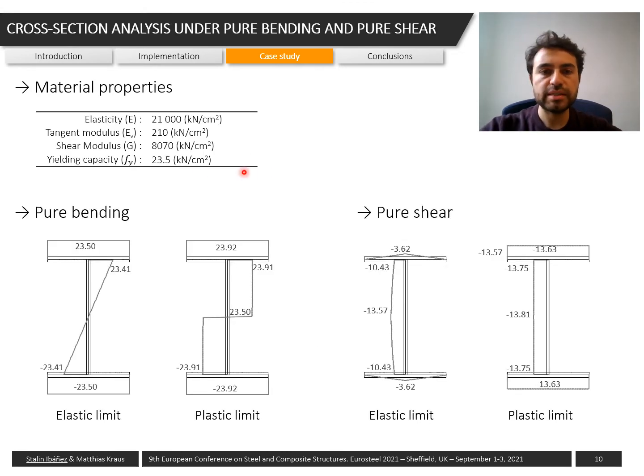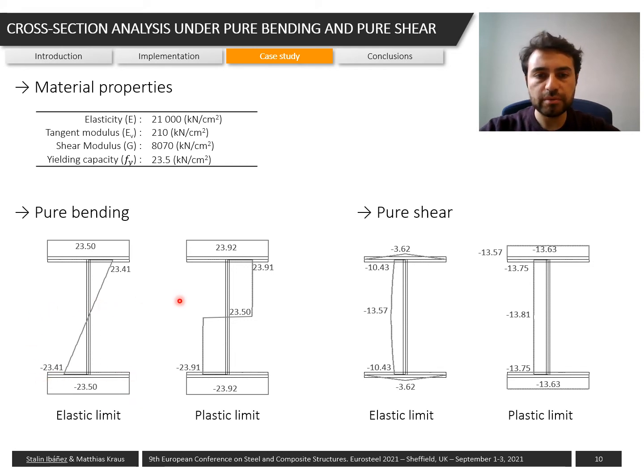The algorithm has been tested for different loading cases, and the material properties that we are using are the next one, in which we're mentioning that the tangent modulus is 100 of the elasticity modulus. For the case of pure bending, we apply a bending loading in the cross section, and we can see here the elastic distribution, which is what we would expect, with the higher values of stresses in the upper and lower flange.